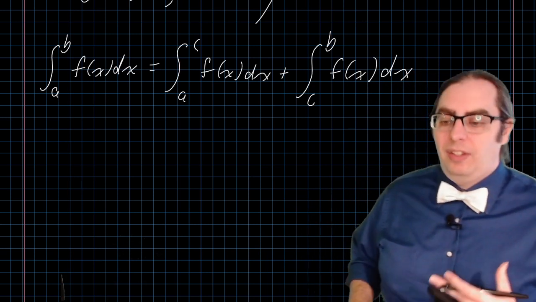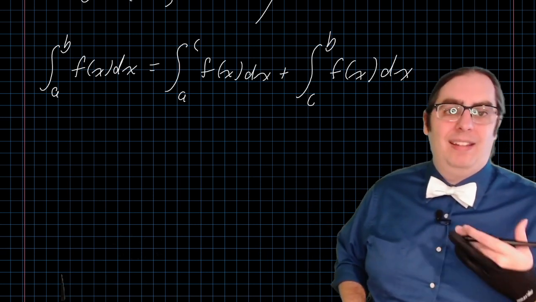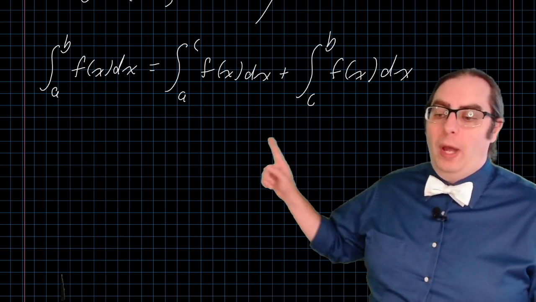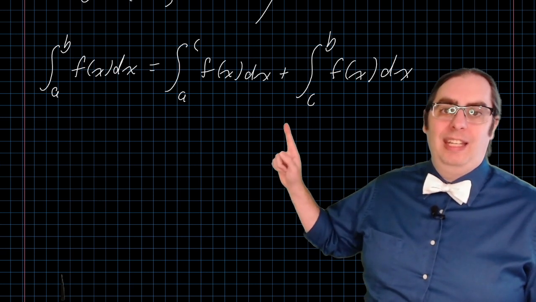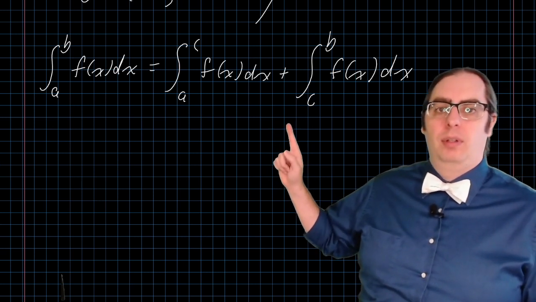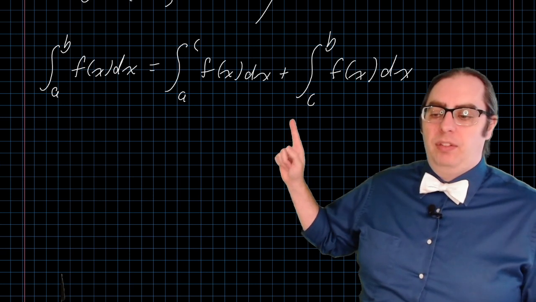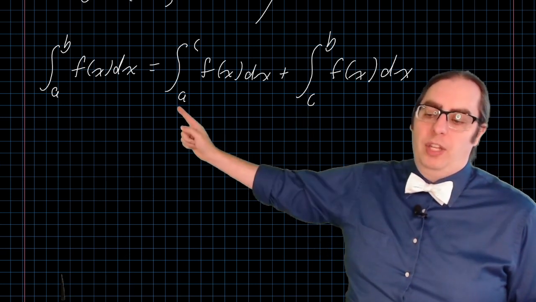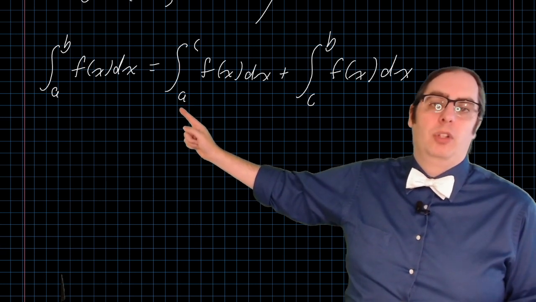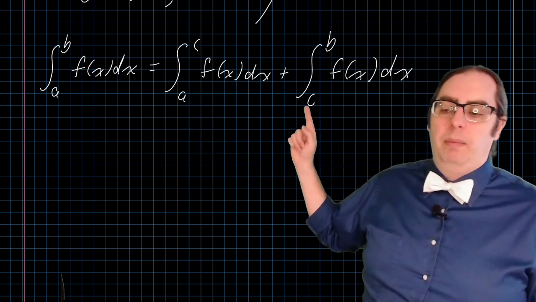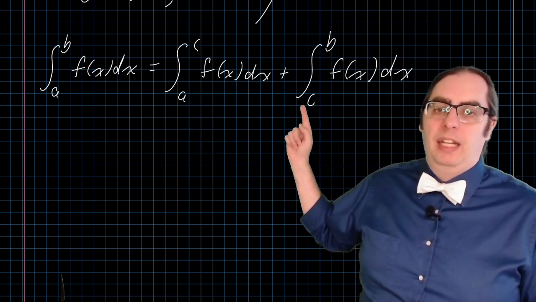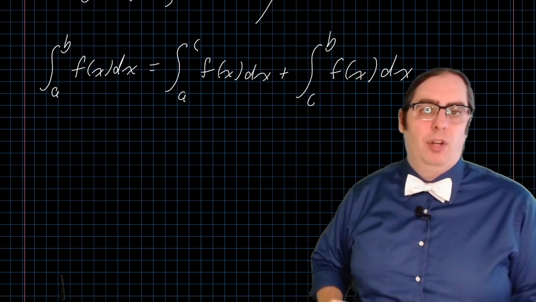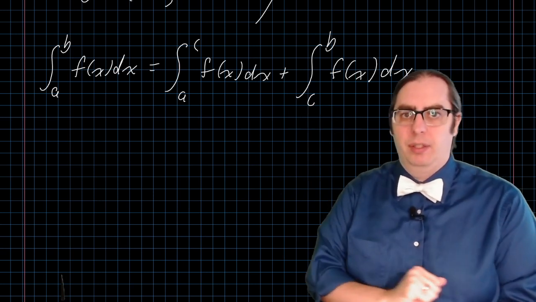And the crazy thing about this is that it still works whether or not c is inside the interval. Because if c is outside the interval, that means that c is either smaller than a, which makes this one turn out to be negative, or bigger than b, which makes this one turn out to be negative, and you cancel out all the things that you double counted.